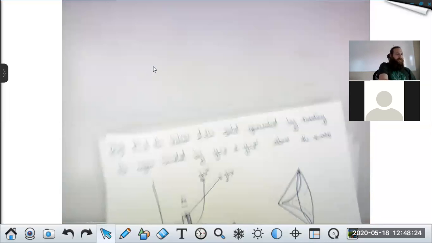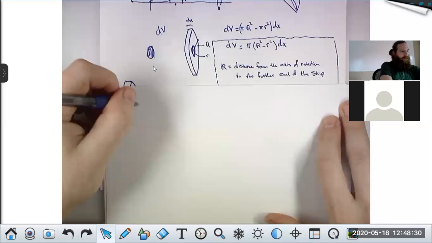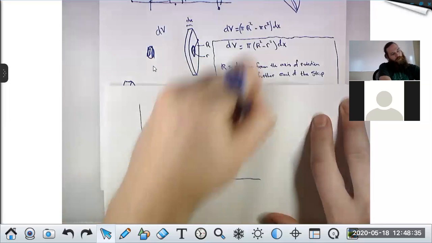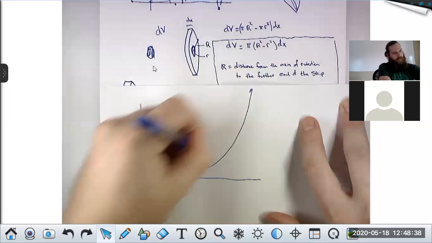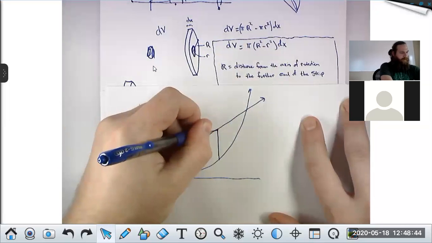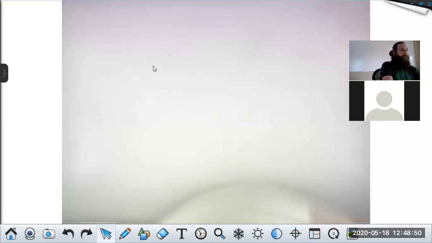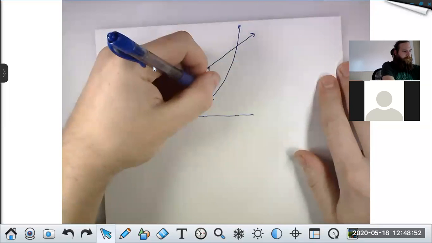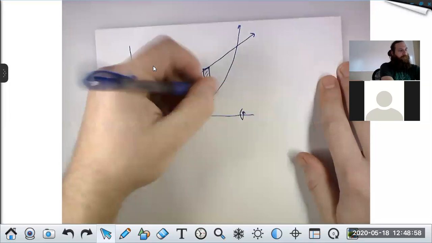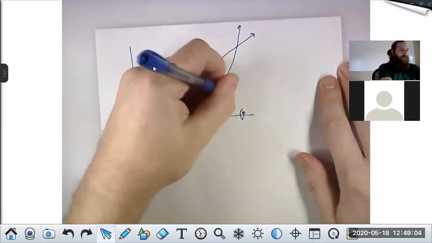So let me recap here. I'll draw this picture again, maybe a little more exaggerated. I'm going to take this region, plop a little strip in there, and imagine rotating just that strip. The point down here along y equals x squared is x comma x squared.